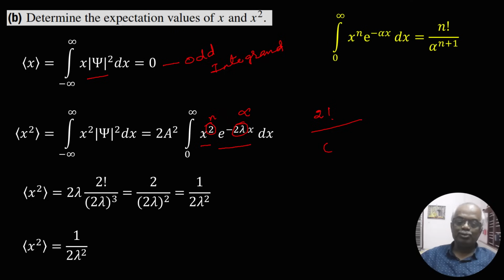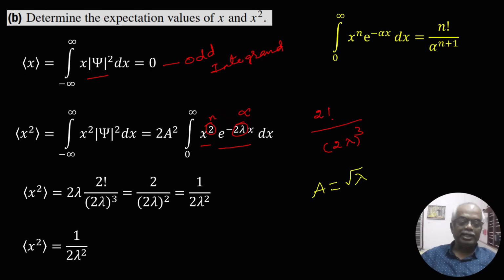Alpha is 2 lambda, and n plus 1 is 3. So that's what I have written here. And now this 2 lambda, this A squared: A is equal to square root of lambda, just now we have seen. Then A squared is lambda.